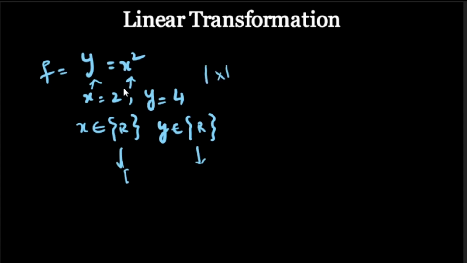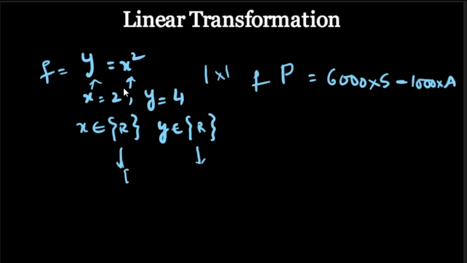You must have seen certain functions like, for example, if you want to calculate the price of the house, the price of the house is dependent on the size of the house and the age of the house. Say 6,000 into size of the house minus 1,000 into age of the house.